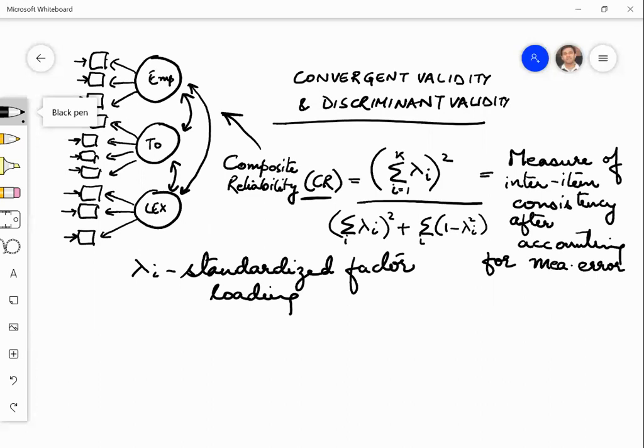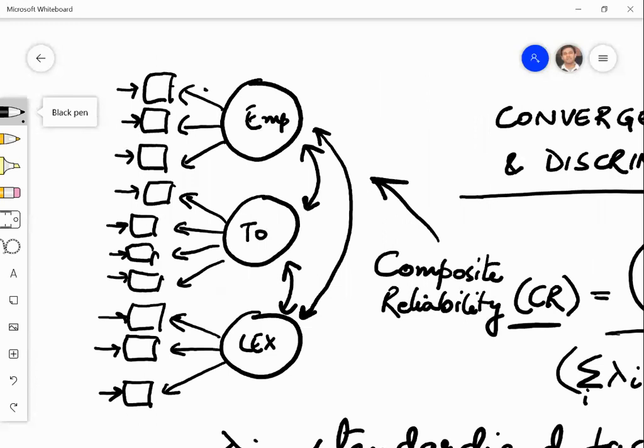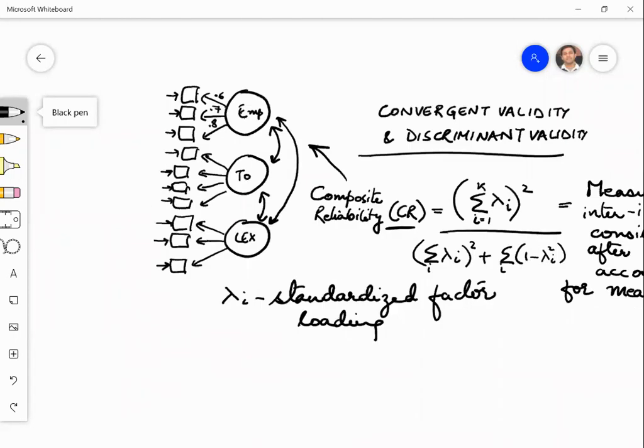Let us take this example of EMP. Let us say it had loadings of 0.6, 0.7, and 0.8. These were the 3 loadings of EMP. So what will be the composite reliability for EMP?